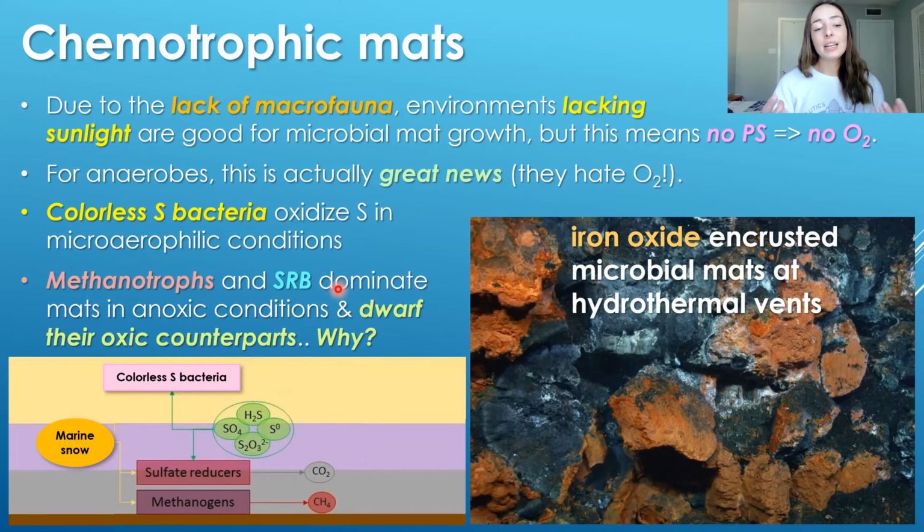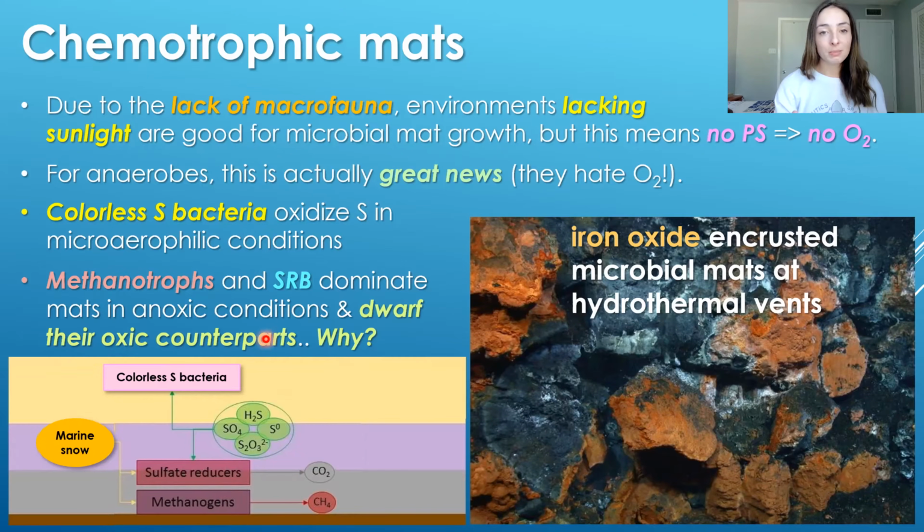Once again, the same type of bottommost layers that we saw in cyanobacterial and other types of mats would also be present here because, again, these guys don't need sunlight and don't like oxygen, making them perfect for these types of chemotrophic mats. And these types of anoxic environment chemotrophic mats actually dwarf their oxic counterparts.